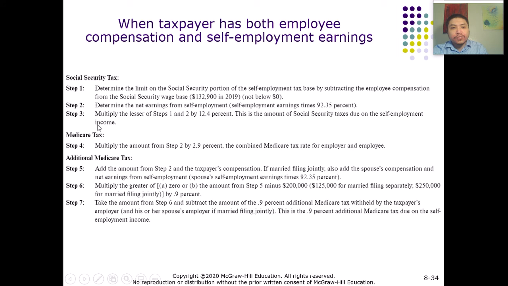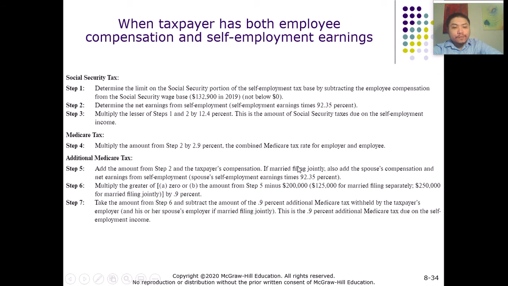Step 2 is the net earnings from self-employment, and the taxpayer compensation is the employee compensation. If the taxpayer is married filing jointly, we also have to add back the compensation of the spouse, because they're filing together.